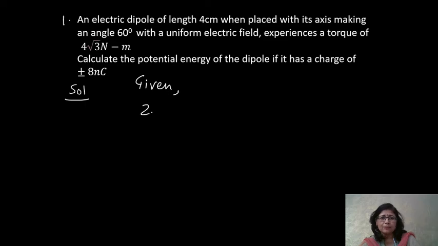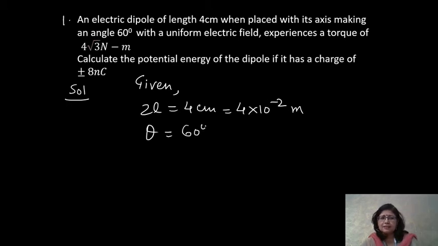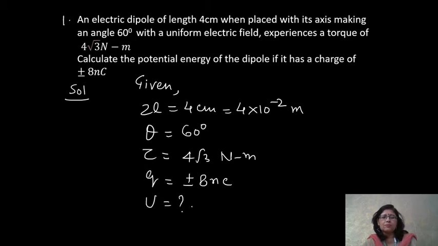Dipole length is denoted by 2L, so it is 4 centimeter. In terms of meter, it can be written as 4 into 10 to the power minus 2 meter. What is the angle between E and P? That is 60 degree. And torque experienced by the dipole is 4√3 Newton meter. And what is the value of charges? 8 nanocoulomb. And we have to calculate the potential energy.